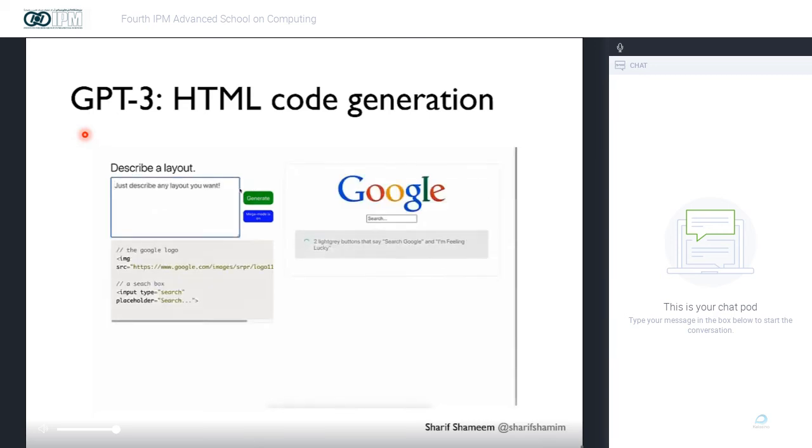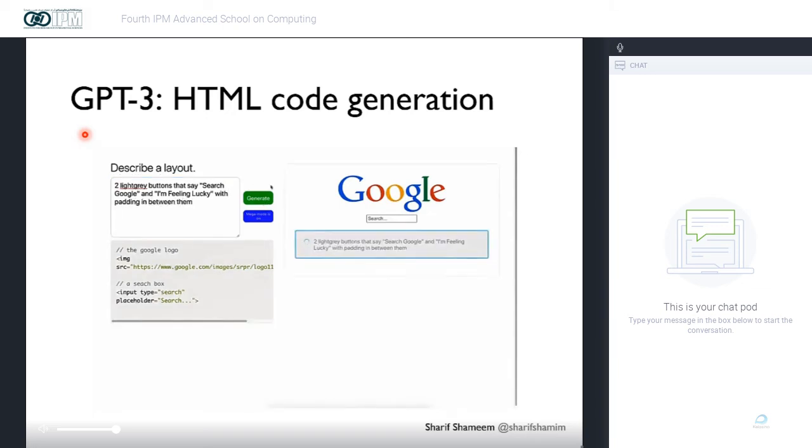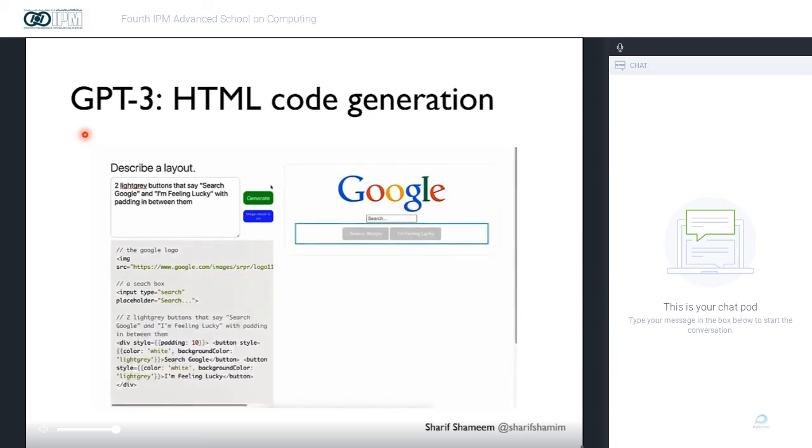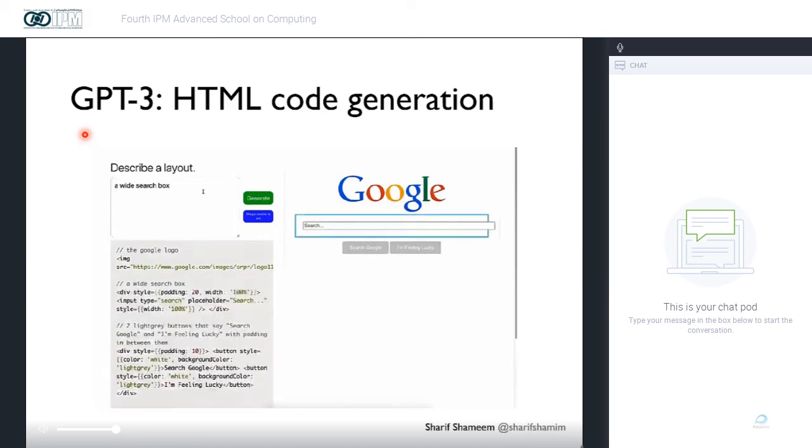That's a description you provide, and the model generates the corresponding HTML code for you. And then you ask for a padding between the two buttons, it generates that padding as well. You just provide the descriptions, it comes up with the code. Or at the search box, you say you want a white search box. It adapts the code according to this description.